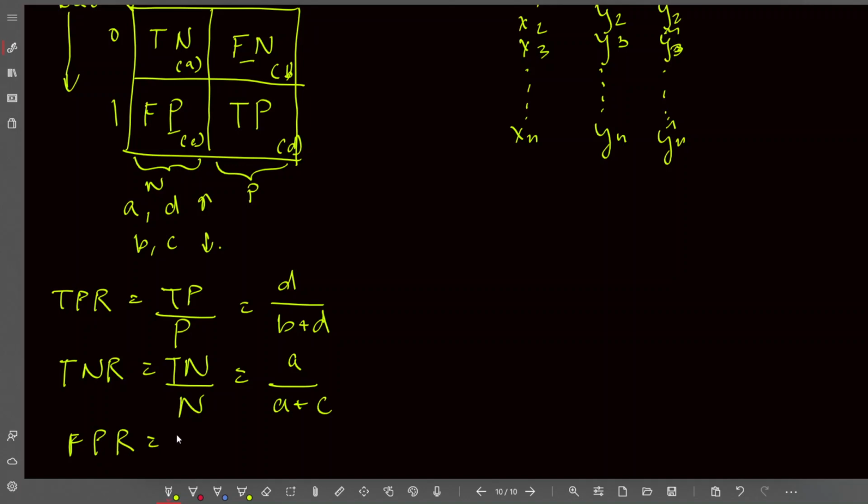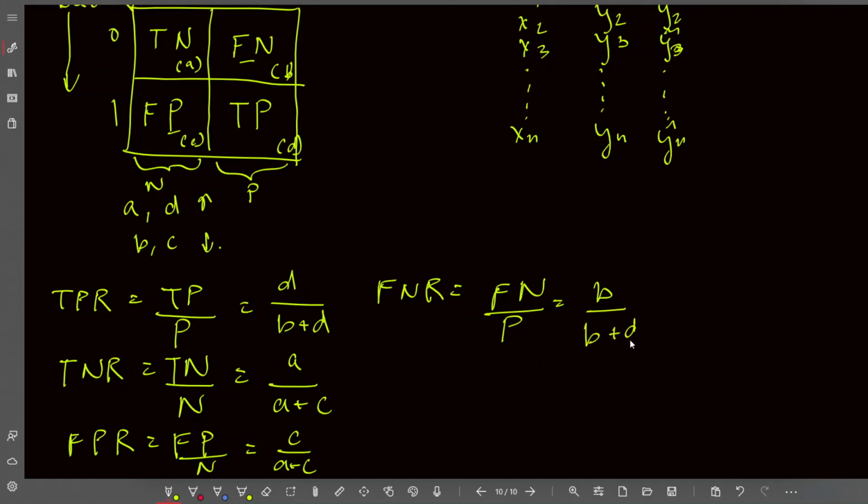This is false positive upon the total number of negatives, which is basically C upon A plus C. And then you have the false negative rate, which is equal to false negative upon positive, which is B upon B plus D.